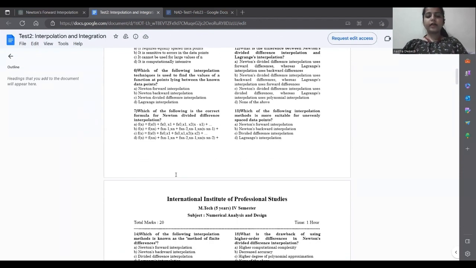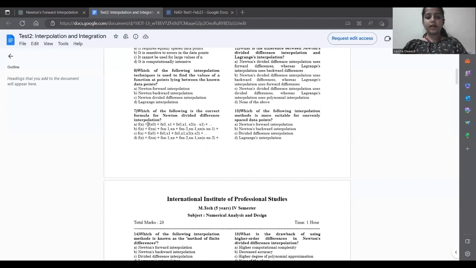Which of the following is the correct formula for Newton divided difference interpolation?